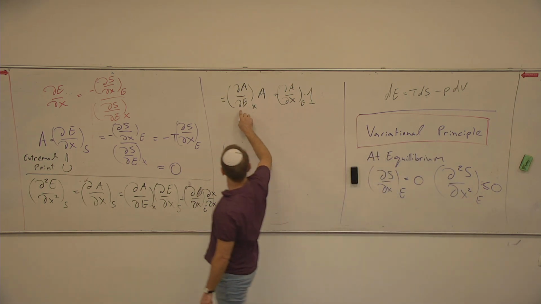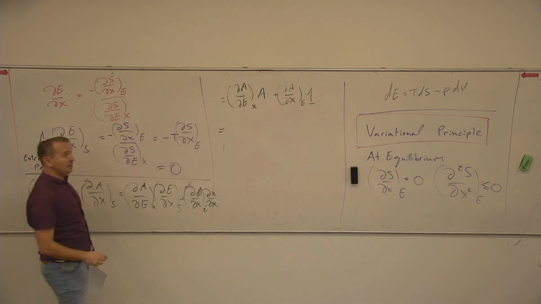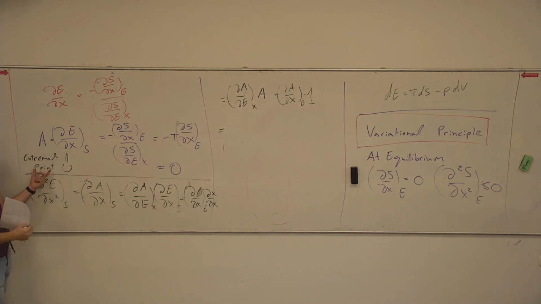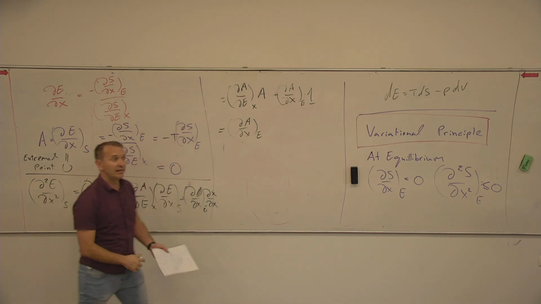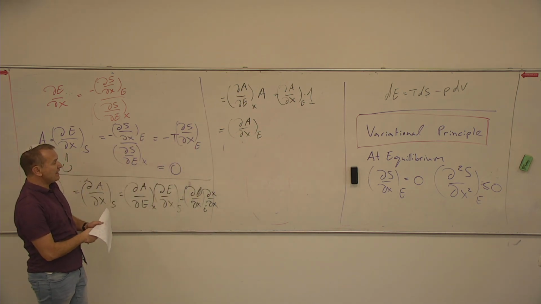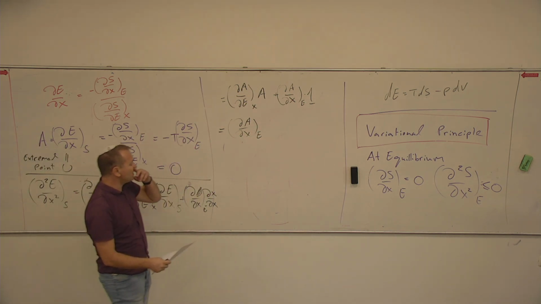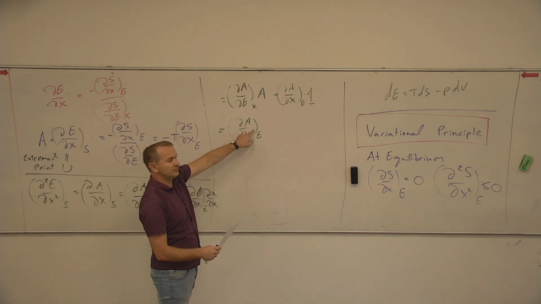So as you said, we are operating at this extremal point where dE/dx equals 0. Right? This is our equilibrium. So it simply equals dA/dx at constant energy. The moment that it's at constant energy, I can start to operate on this derivative.